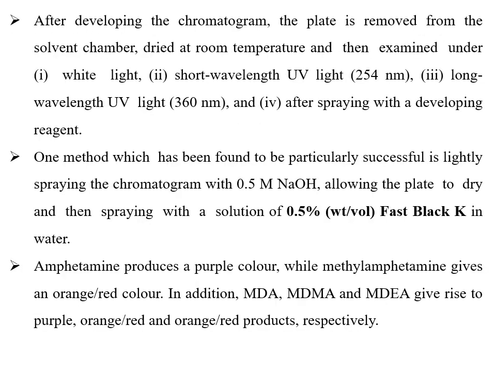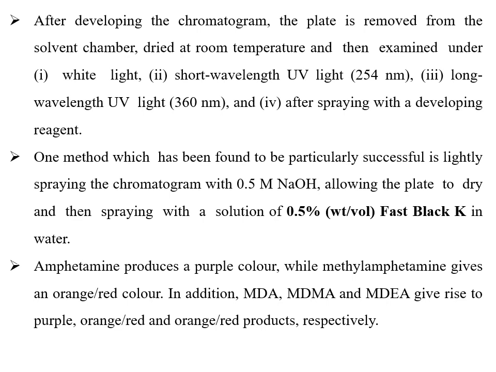Once the plate is developed, it is removed from the solvent chamber, dried at room temperature, and then examined under white light, short wavelength, long wavelength, and after spraying with a developing reagent. The commonly used developing reagent is 0.5% fast black B, which is prepared in water.